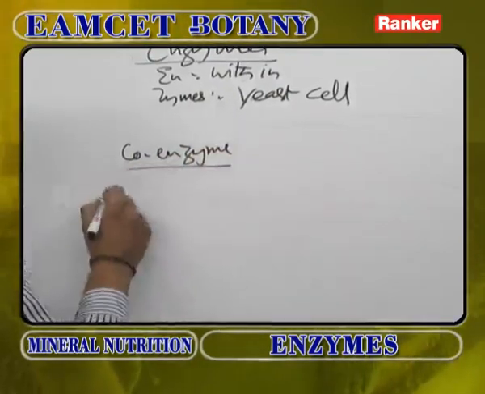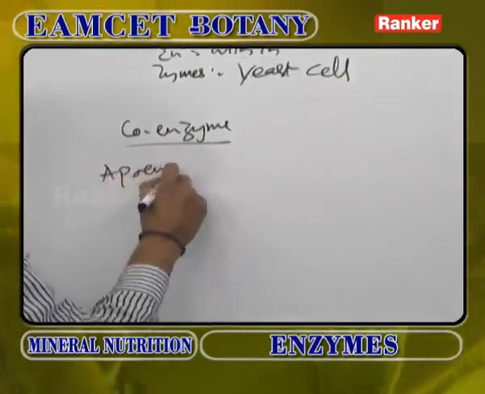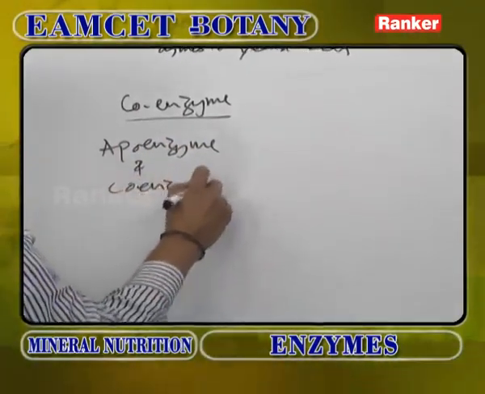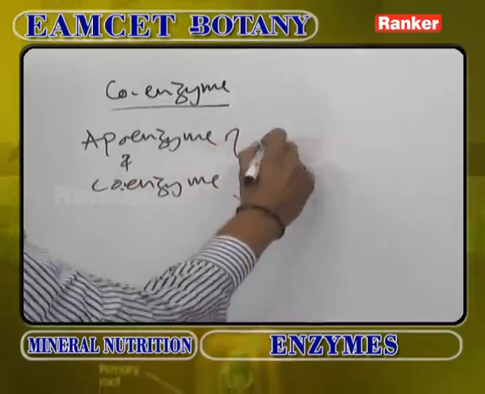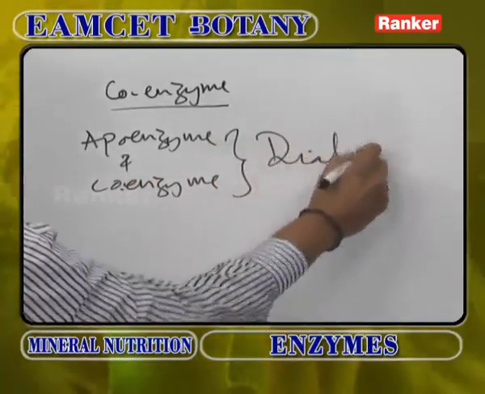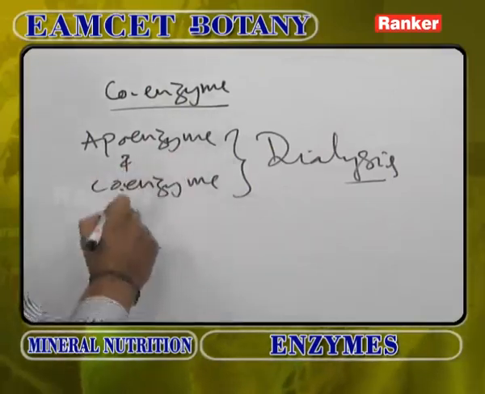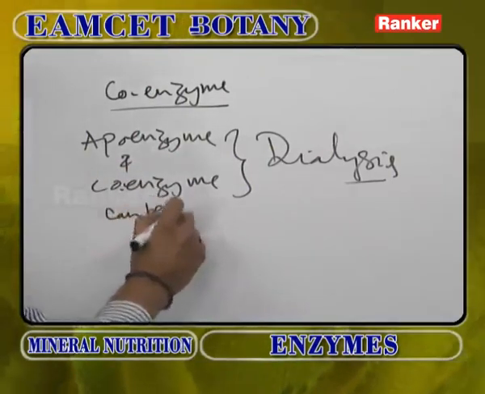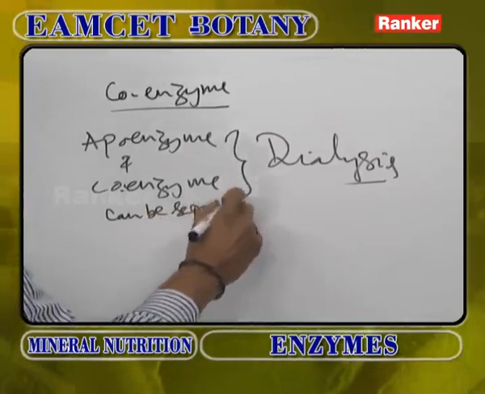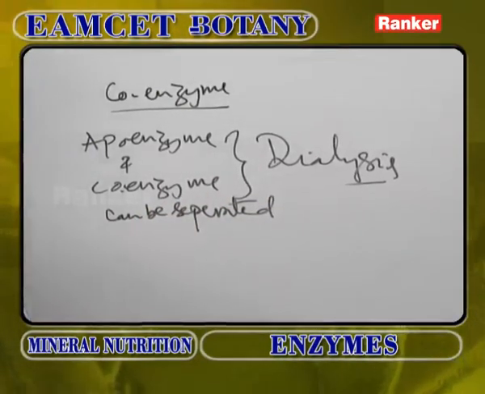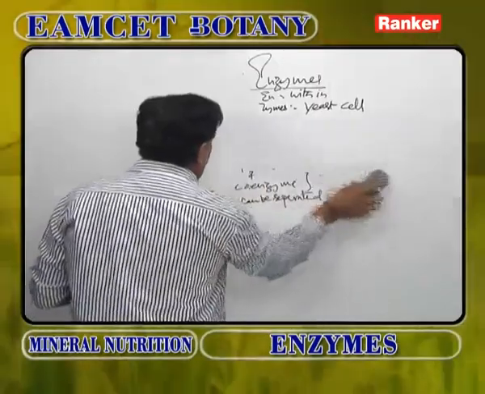There is a method by which apoenzyme and coenzyme are removed from holoenzyme. That method is called dialysis. So apoenzyme and coenzyme can be separated from a holoenzyme by dialysis.